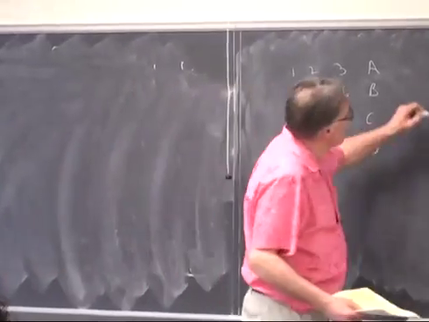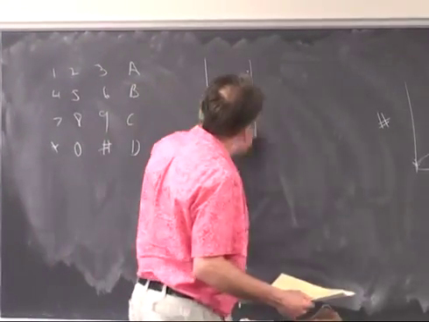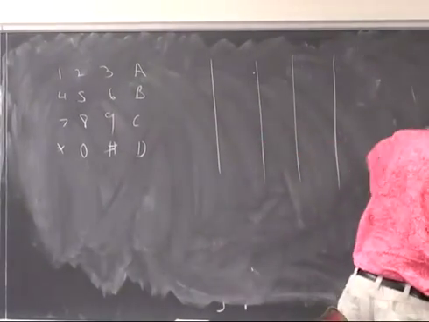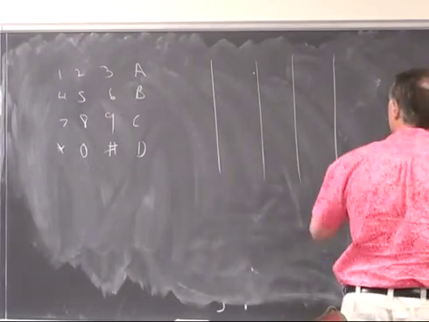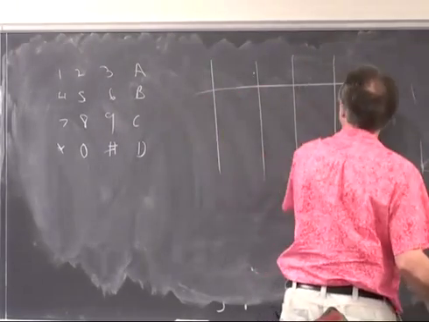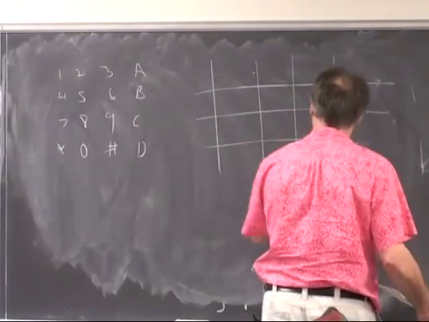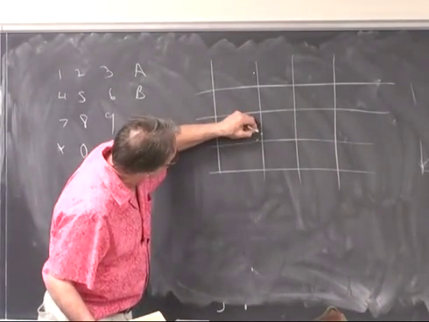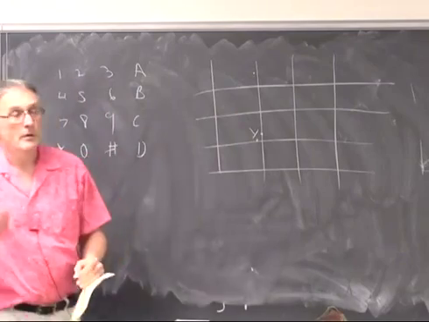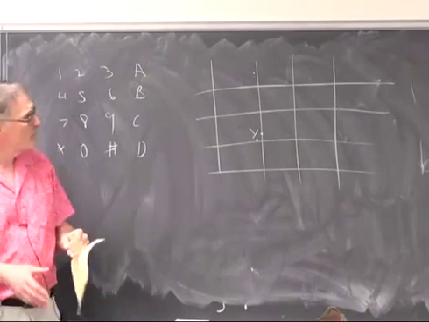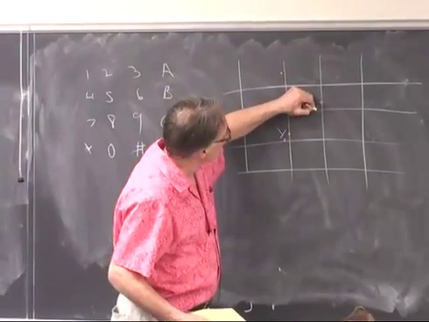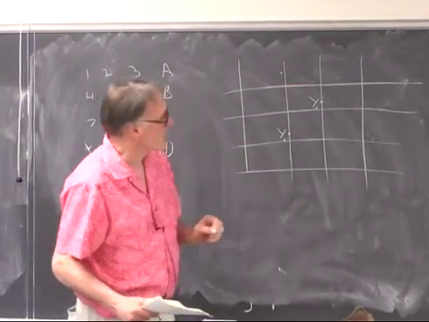And the way these are wired is as a 4x4 grid of wires. And at every point in the grid is a potential connection determined by the state of a push button. So every one of these grid points has a push button.